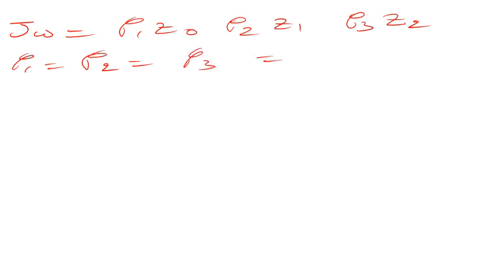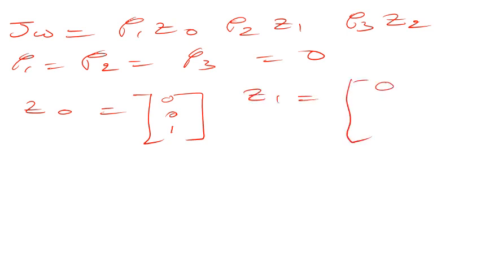Z0 is from the A00 matrix, which is obviously 0, 0, 1. Z1 is from the A01 matrix, which we have already derived, and that is also 0, 0, 1.